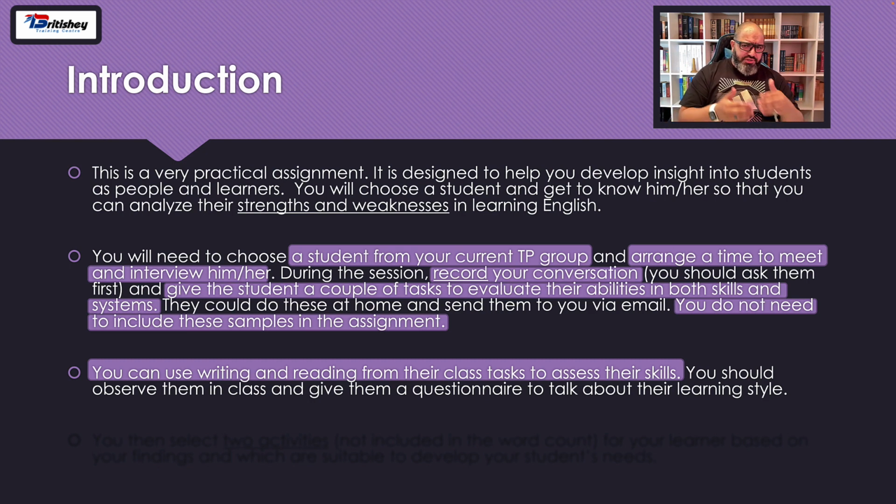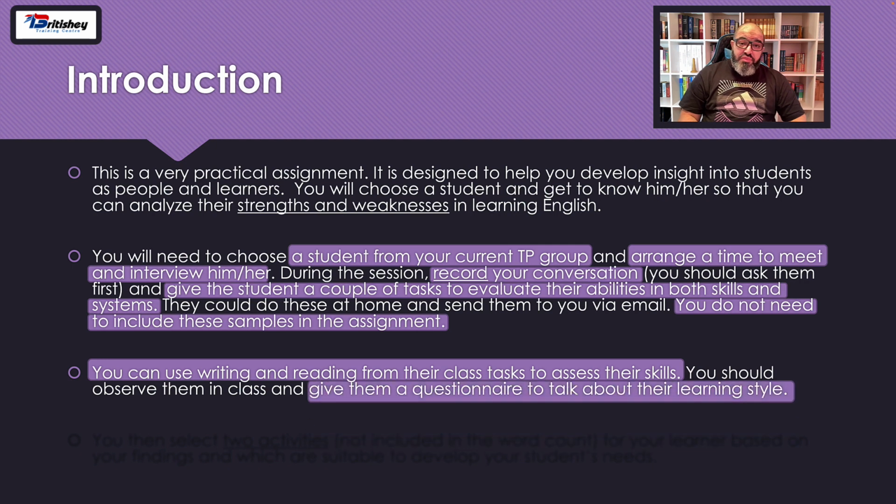While this is happening, you're sitting in the back, taking notes on this student's abilities in skills and systems. Then, you should observe them in class and give them a questionnaire to talk about the learning style. It's very important that your student has a questionnaire to answer, because you're going to use his or her answers in your assignment.